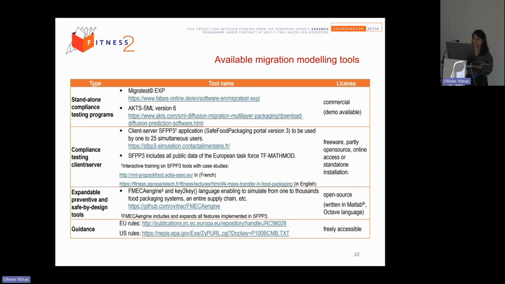And we can see here many guidance documents to help you if you need to go further. Also, with SFPP3, we have three platforms in French or in English. In English, it's the Fitness project, of course. And in French, RMT Proper Food is a platform that proposes case studies and also lectures on migration modeling.